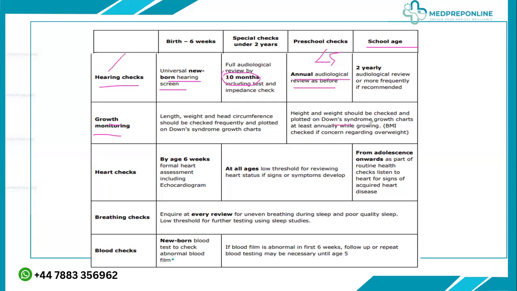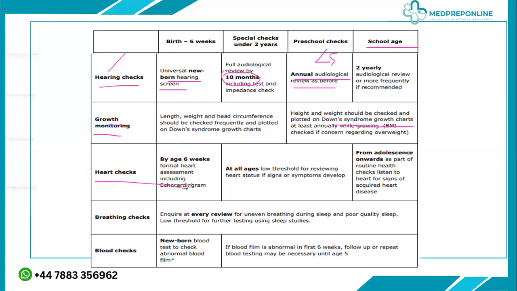They have special growth charts known as the Down syndrome growth charts, because they are compared to those children who have Down syndrome, not to the normal child. This is done at least annually while growing. BMI is checked if there is concern regarding overweight.